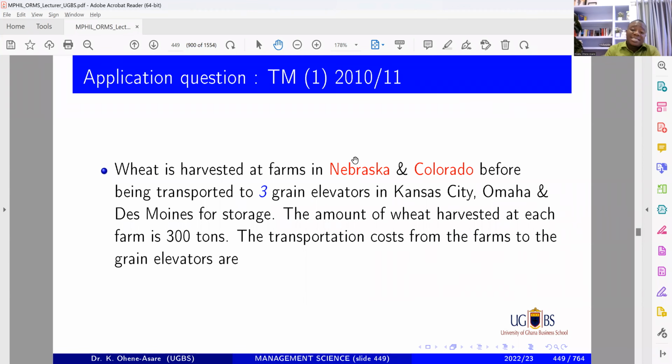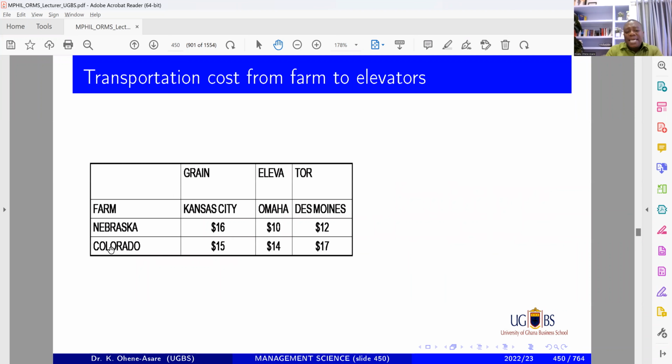And then Nebraska and Colorado become the supply nodes. Nothing else changes. The only thing that will change now is this. Tell me the amount that is being sent from Nebraska and Colorado to the 3 cities that have the grain elevators.